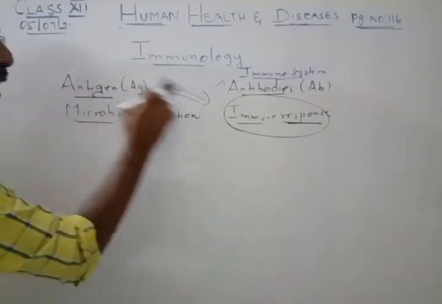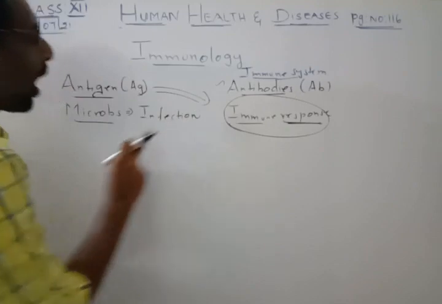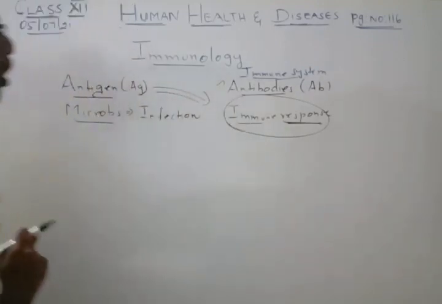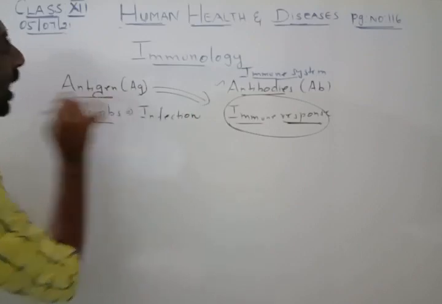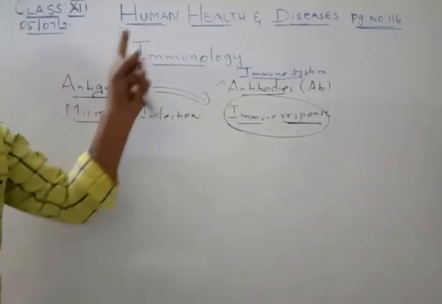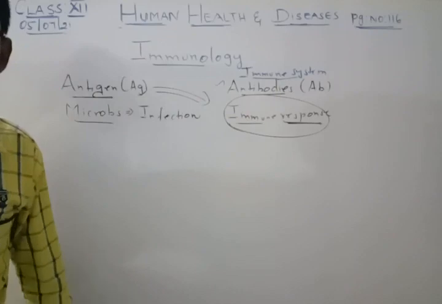Only when the antigen has entered into the human body. Clear? Right. Since the antigen has the potentiality of generating antibodies, it is called antigen. Antigen means generation of antibodies. So antigens are responsible for generating antibodies or immune responses.